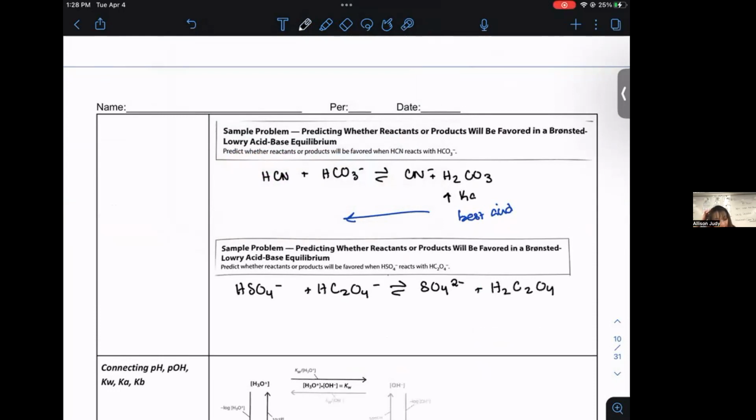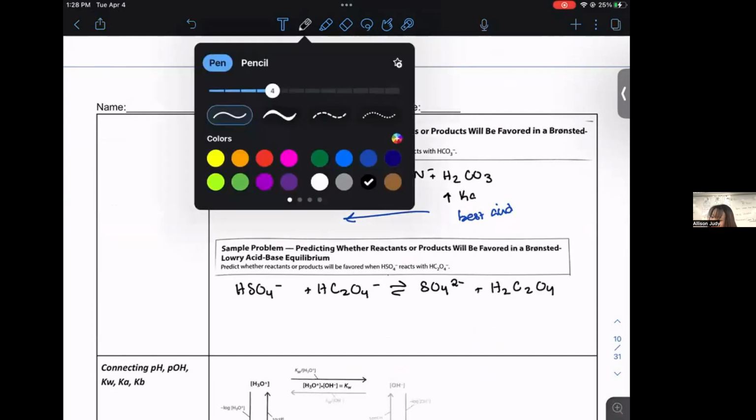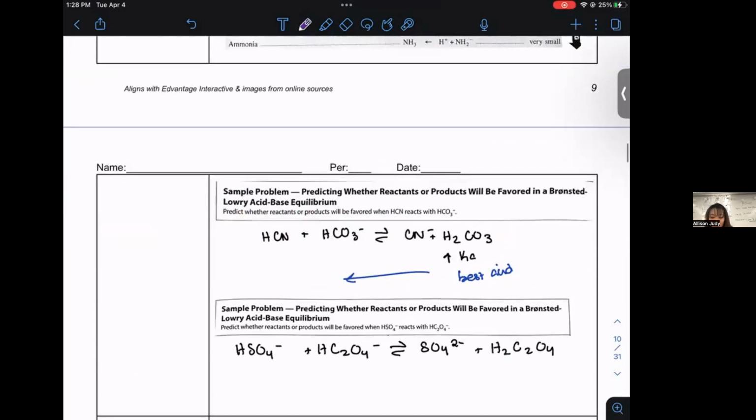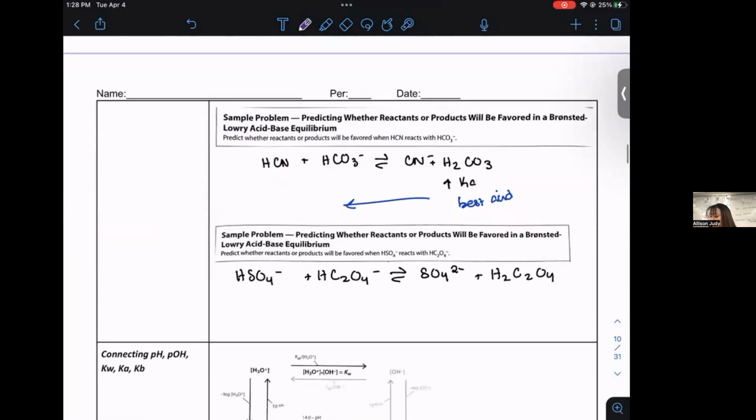And what we would see is that according to the table, which one has the highest Ka? Which species? Excellent. This has the highest Ka, so this is the best acid out of all of the acid options. So again, we're going to see the reverse direction favored. The equilibrium is going to find a position where the reverse is more completed or has a better completion rate.